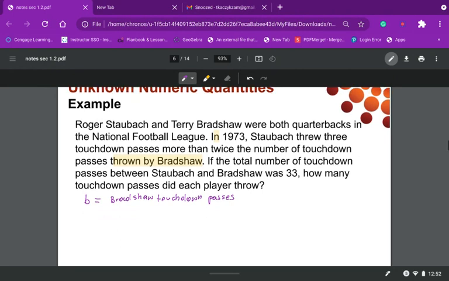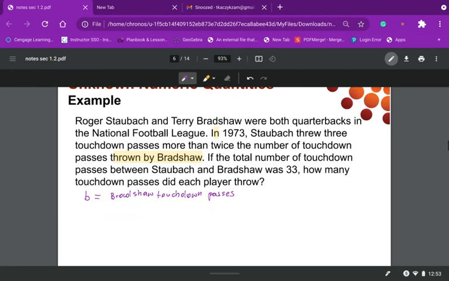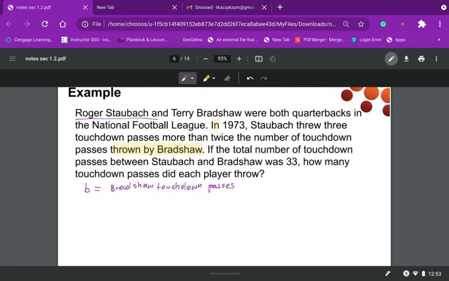Okay, so of course we have another football player, which is Roger Staubach. So now we have to express touchdown passes, which Roger Staubach did. So how are we going to express that?